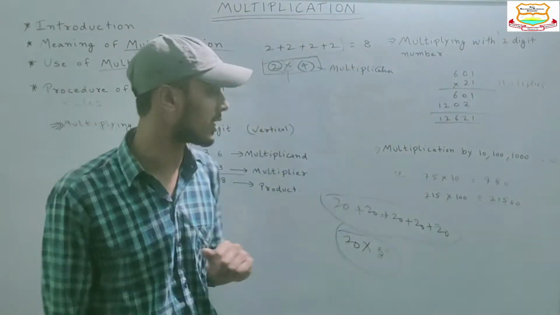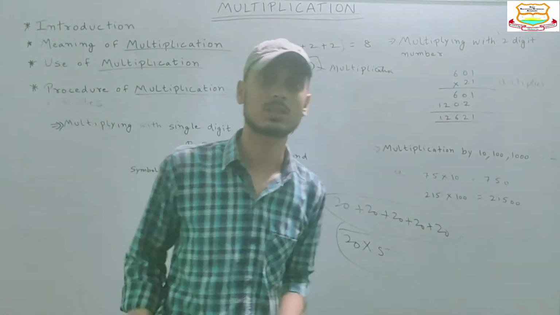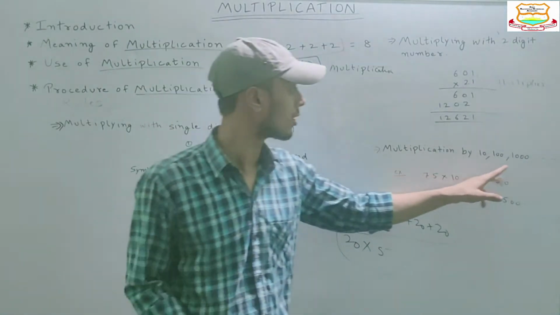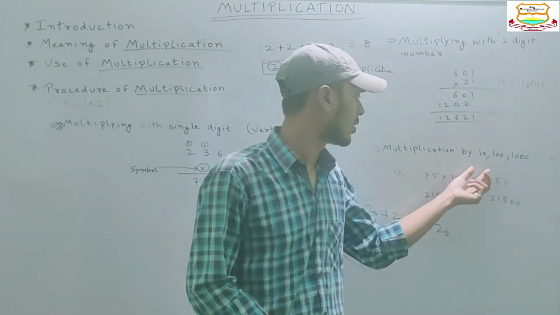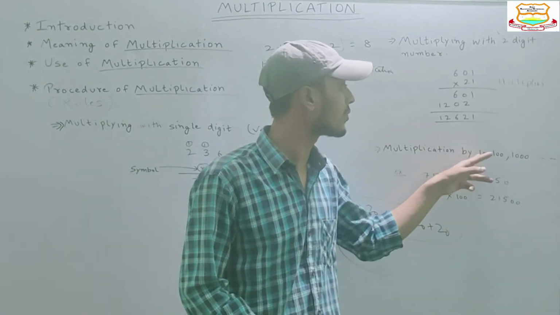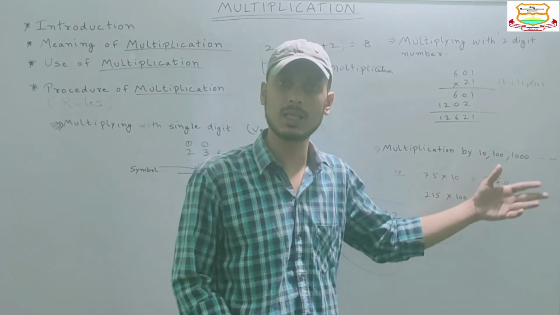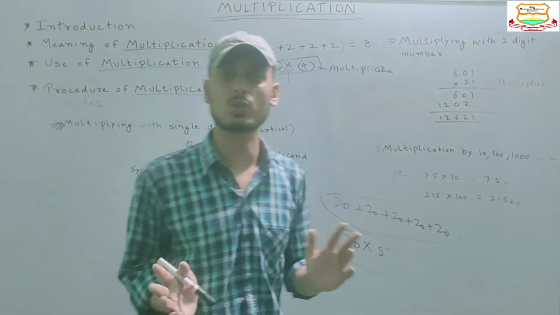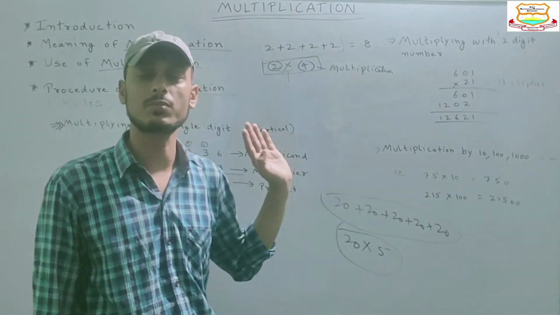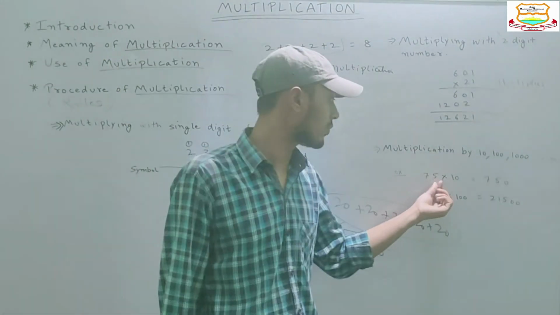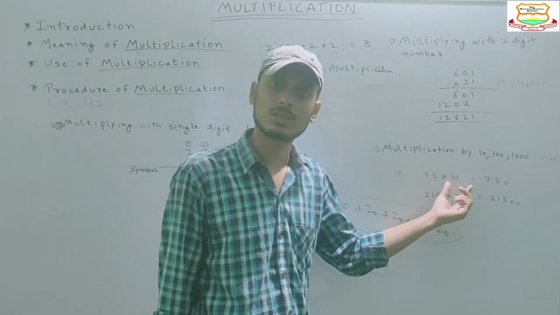Now the next topic is multiplication by 10, 100 and 1000. What I mean to say is, how can we multiply if the multiplier is 10, 100, 1000 or 1 lakh? What is the procedure for that? It is so simple. Suppose we want to multiply 75 by 10.